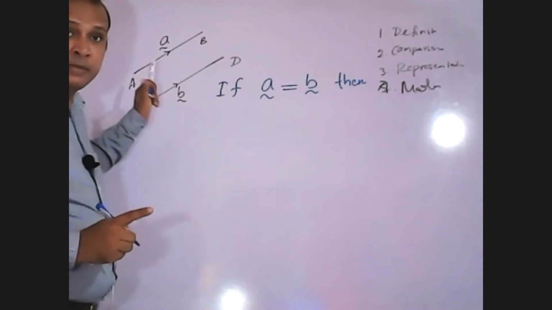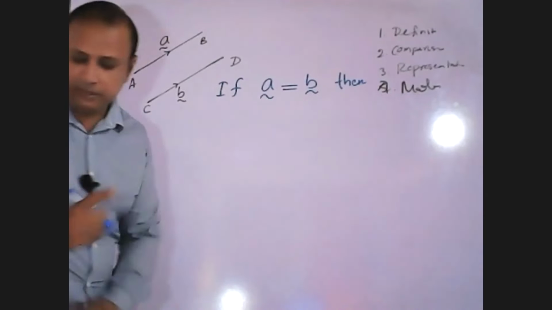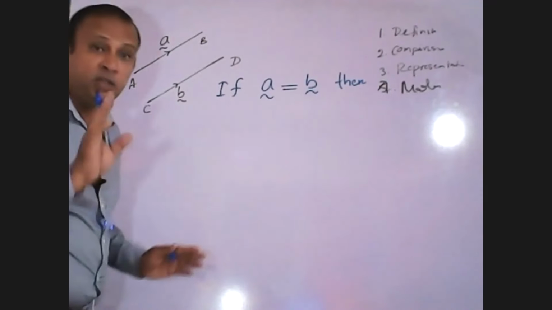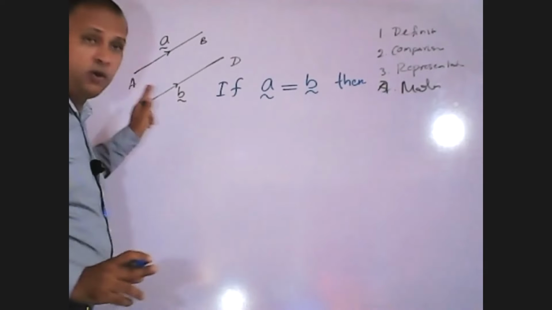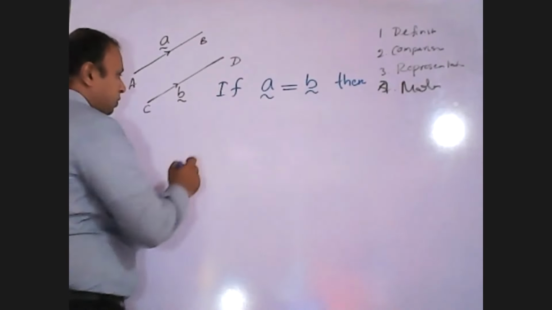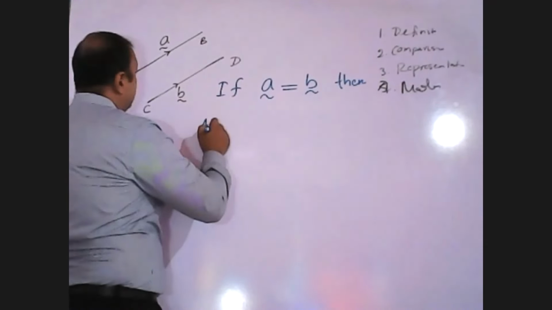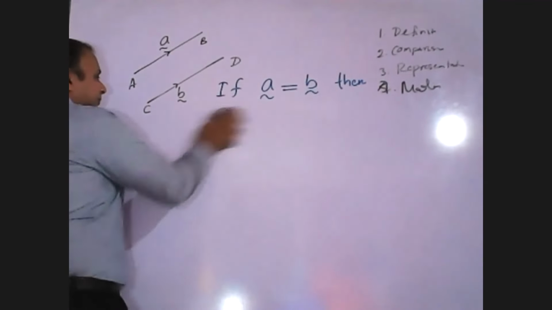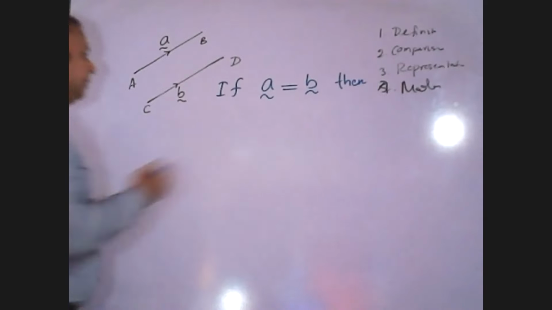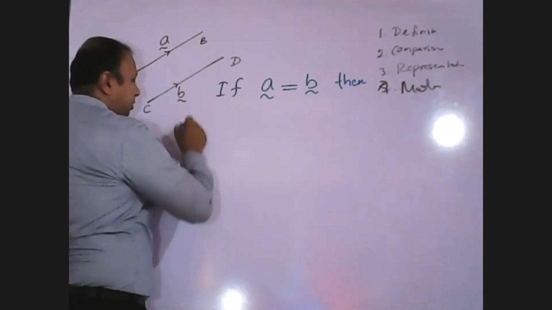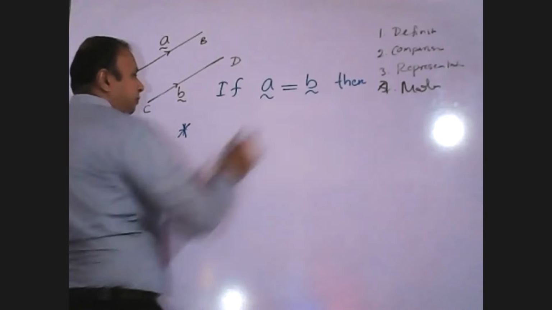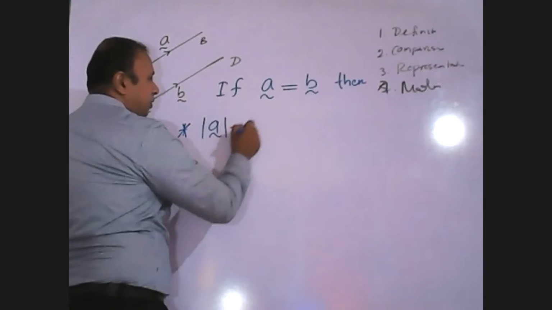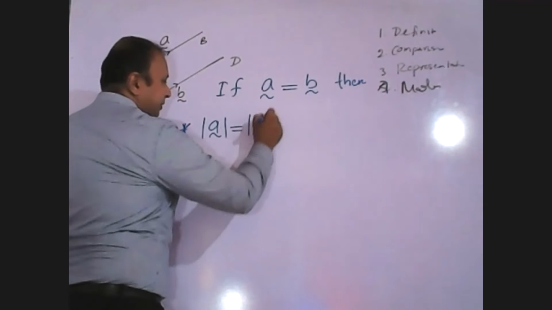That means the magnitude of both vectors should be equal. If vector A is equal to vector B, then the modulus of vector A is equal to the modulus of B.